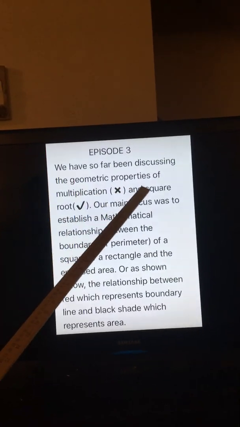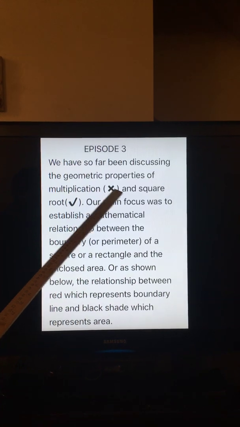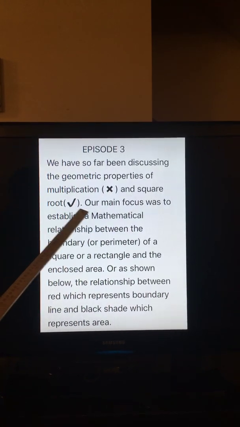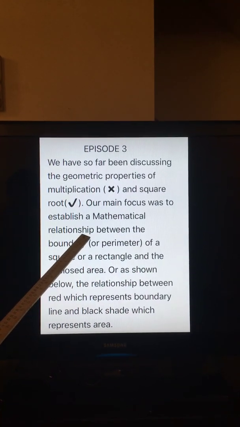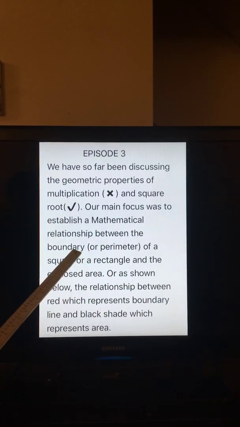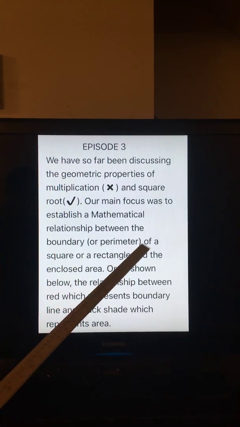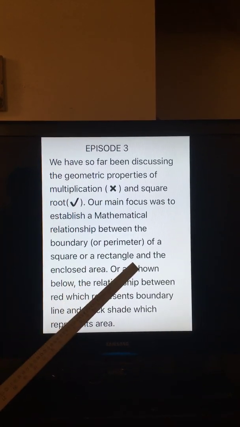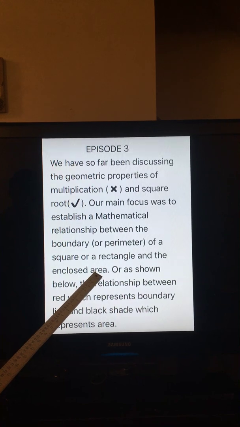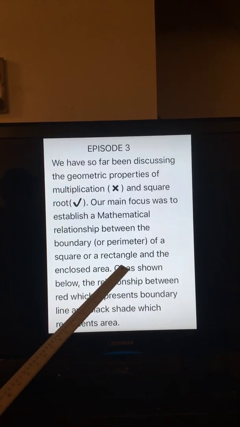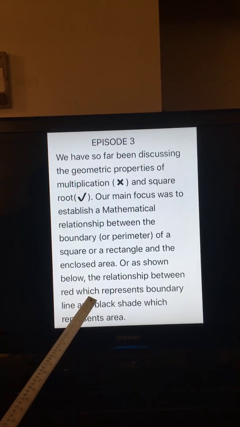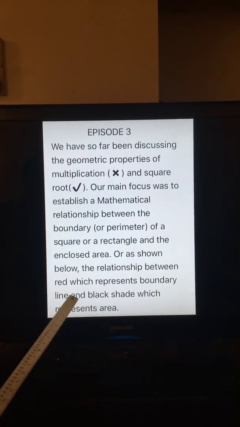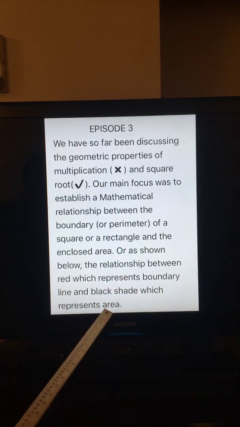We have so far been discussing the geometric properties of multiplication and the square root. Our main focus was to establish a mathematical relationship between the boundary or perimeter of a square or a rectangle and the enclosed area, or as shown below, the relationship between red, which represents the boundary line, and black shade, which represents area.